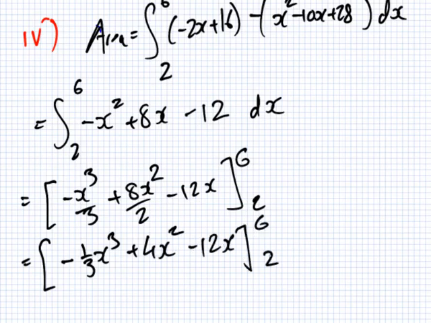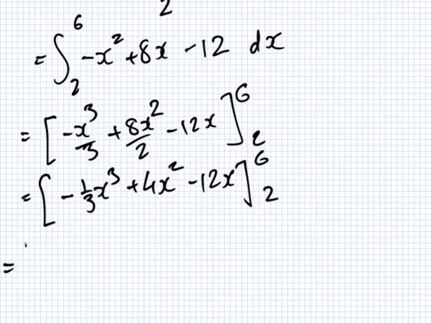Okay, so we'll put the 6 in first, and then the 2 in second. 6 cubed is 216, divided by 3 is 72.